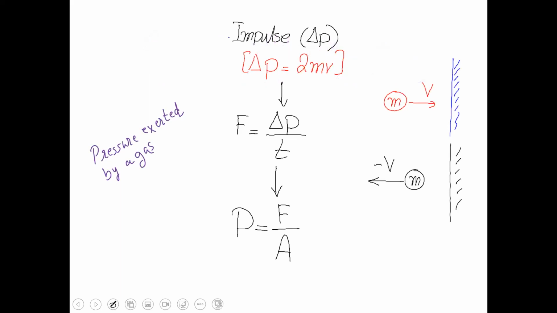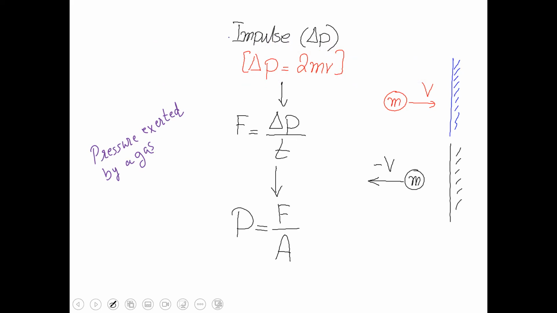We have a concept that gas molecules collide against a wall. When gas molecules collide against a wall, they rebound. When gas molecules rebound, the momentum changes. Momentum change is called impulse, and impulse upon time is pressure.